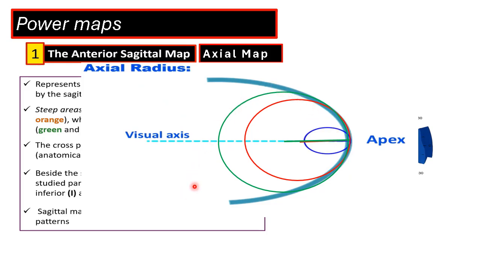But it is famous and commonly preferred by doctors because it gives general overview information about the power of the cornea, especially in the central part, as if you are looking at the eye from a high distance. If you are looking at the eye from a very high distance, general information about the shape of that eye is given by this axial map.